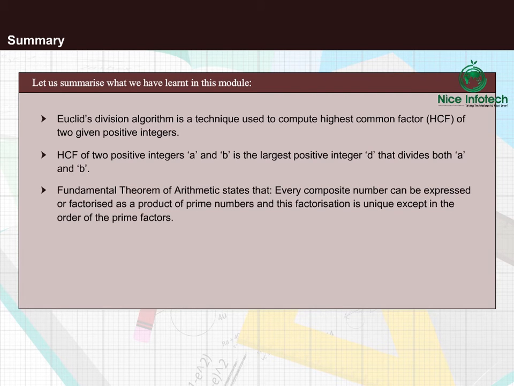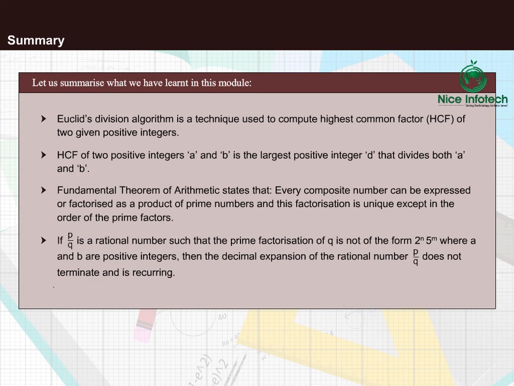Fundamental theorem of arithmetic states that every composite number can be expressed or factorized as a product of prime numbers, and this factorization is unique except in the order of the prime factors.